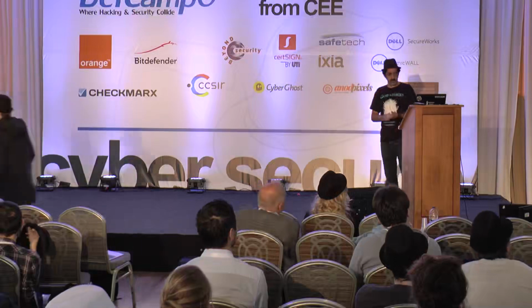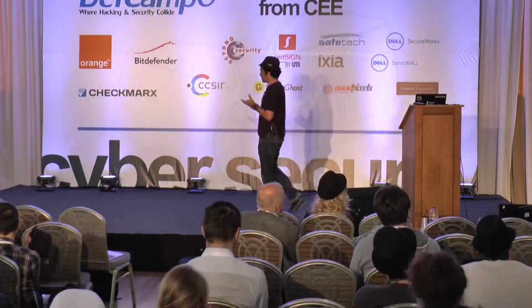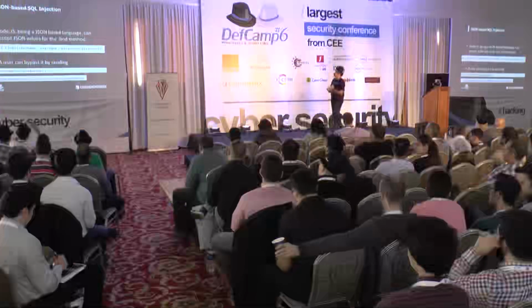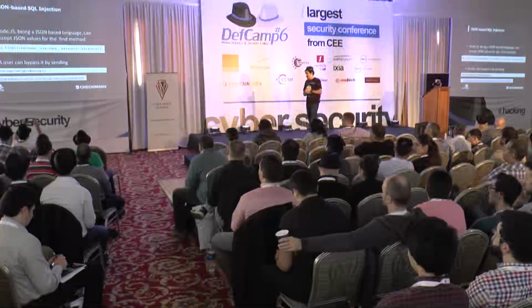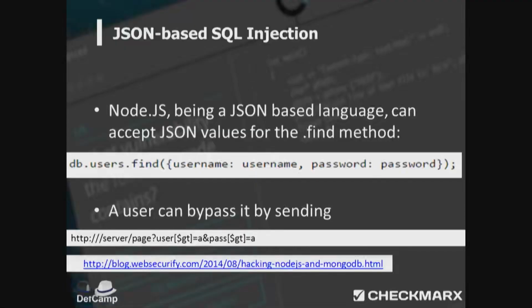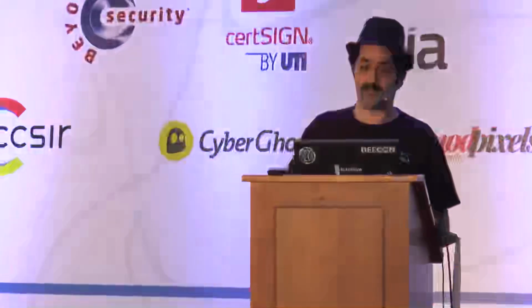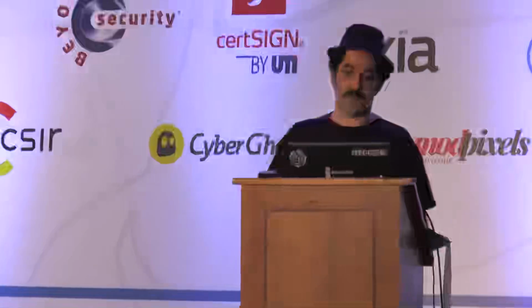Another thing about Node.js, which is interesting, Node.js usually works very well with MongoDB. The reason for that is that Node.js is naturally adapted to JSON, and MongoDB is naturally a document database. It's not table based, and they both work together very well.